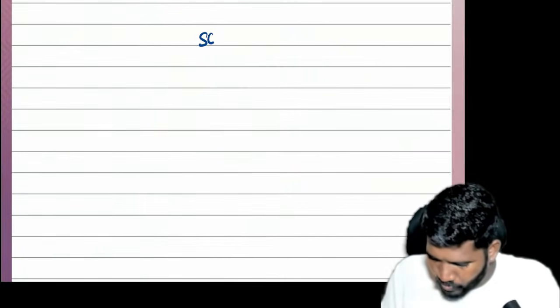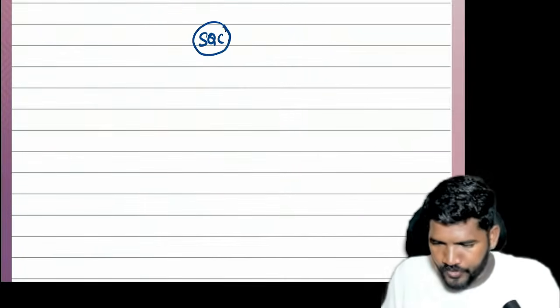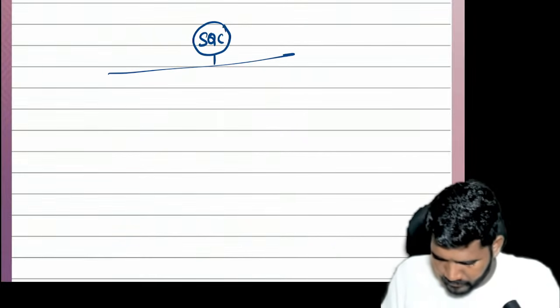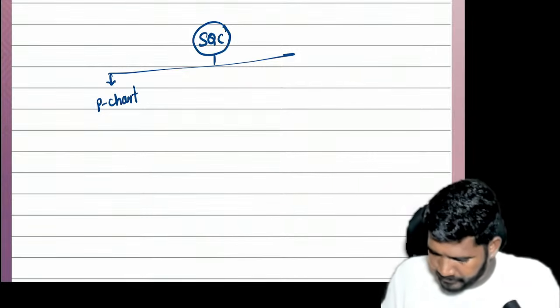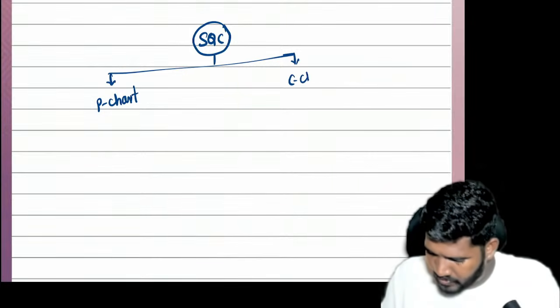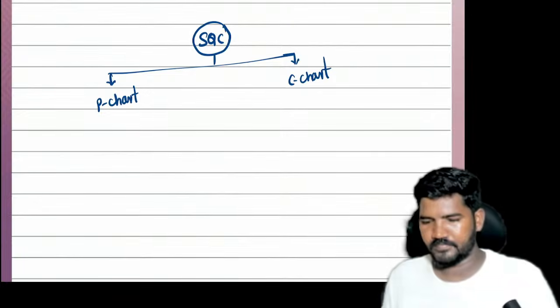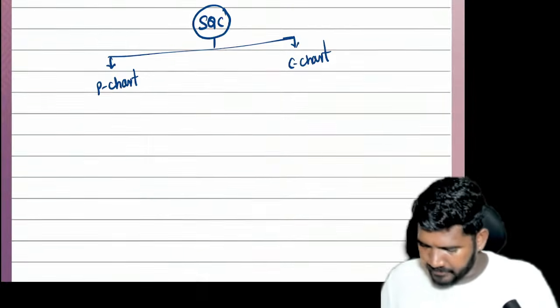In statistical quality control, we have a problematic portion: the P chart concept and the C chart concept.